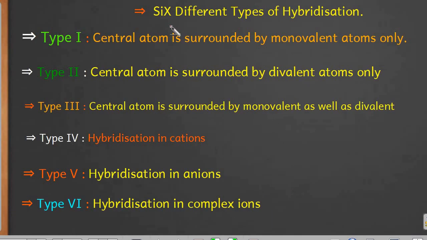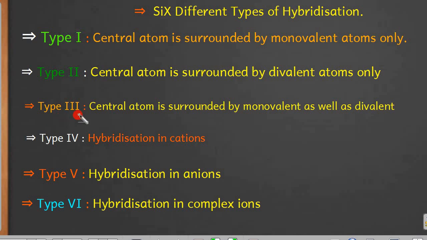Here you can see the 6 different types of hybridization. In type 1, the central atom is surrounded by monovalent atoms only. In type 2, the central atom is surrounded by divalent atoms.